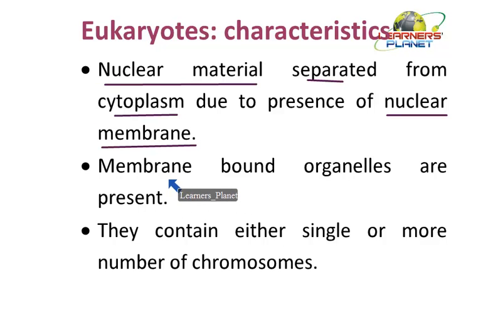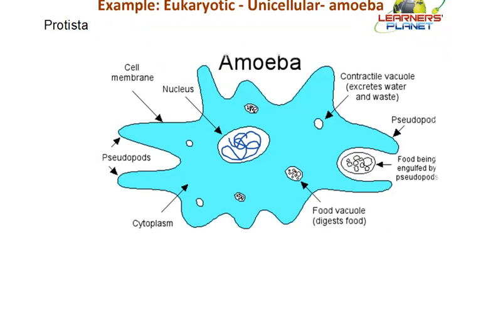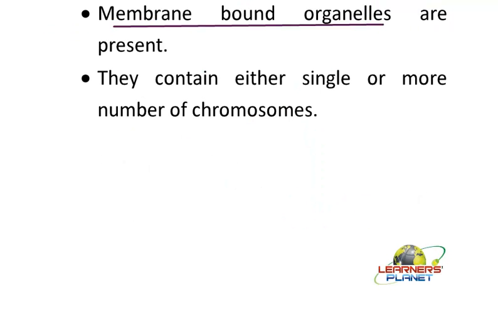The next point is that eukaryotic cells contain membrane-bound organelles. What do you mean by membrane-bound? The organelles which are enclosed by a membrane. Examples: endoplasmic reticulum, Golgi apparatus, nucleus, mitochondria, chloroplast.